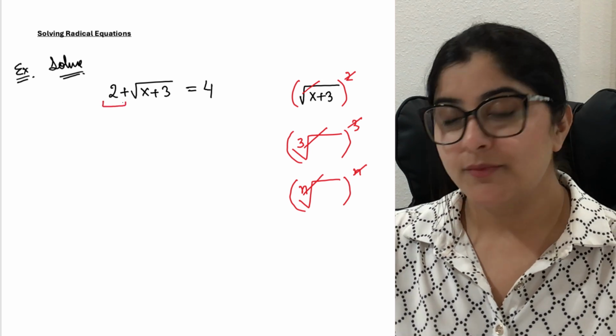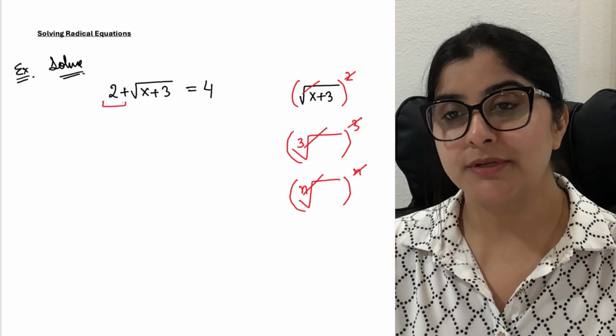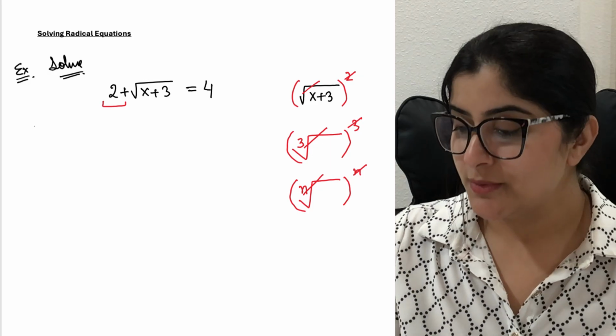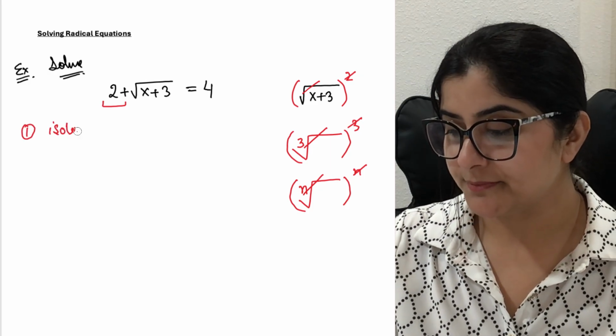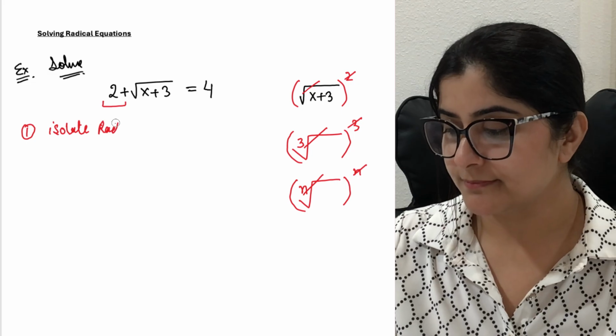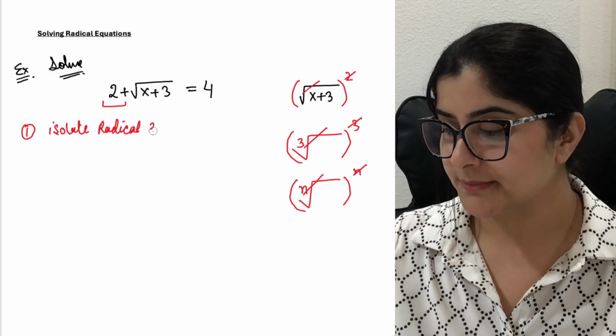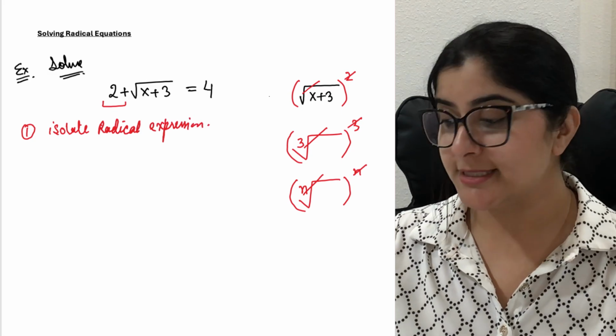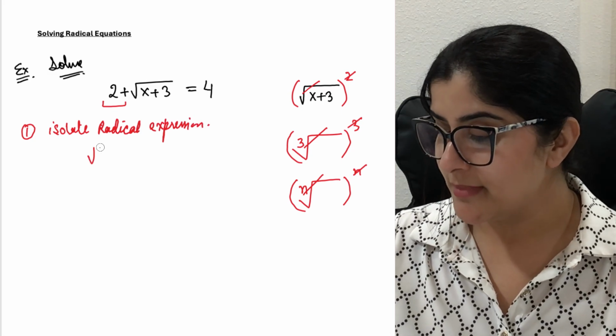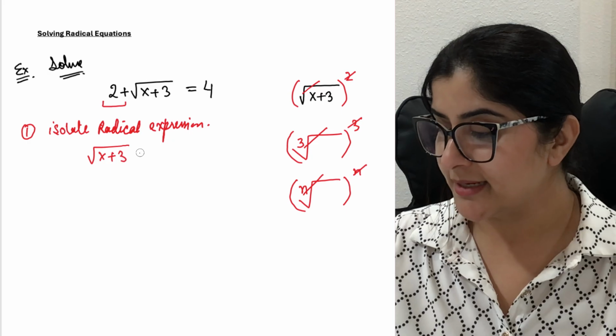Here, we have plus 2 attached to the radical expression. So we isolate the radical expression. Move this 2 to the other side, using appropriate math to isolate the radical expression.